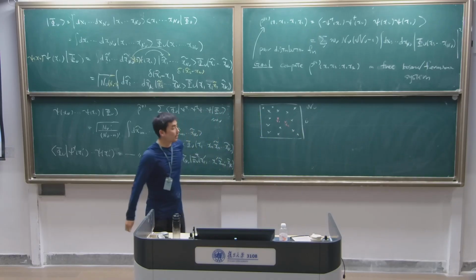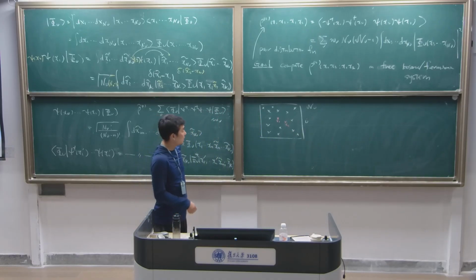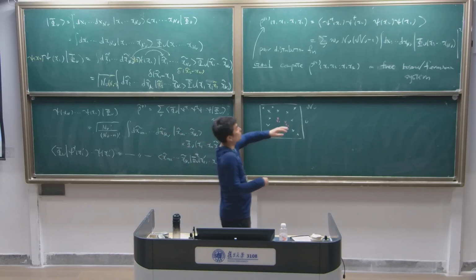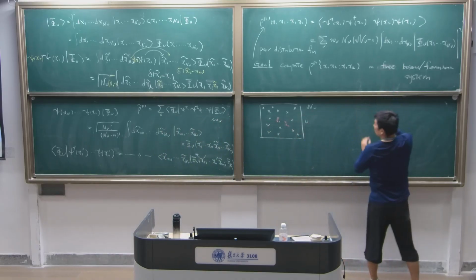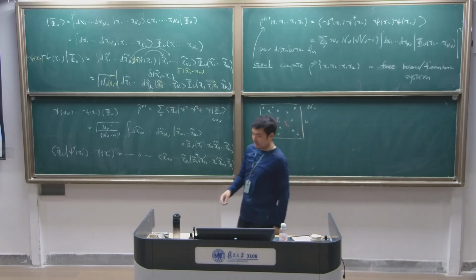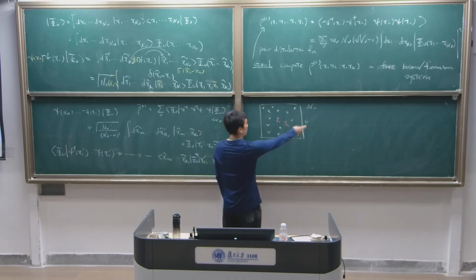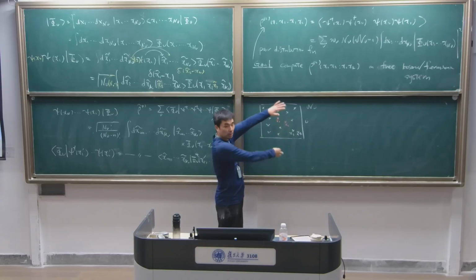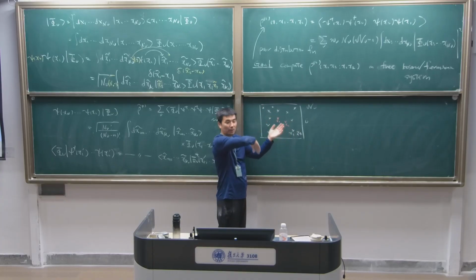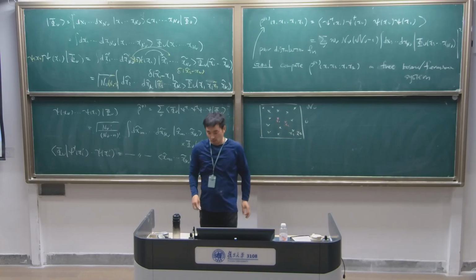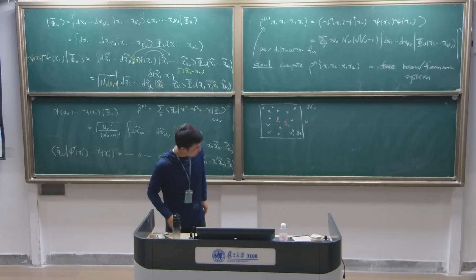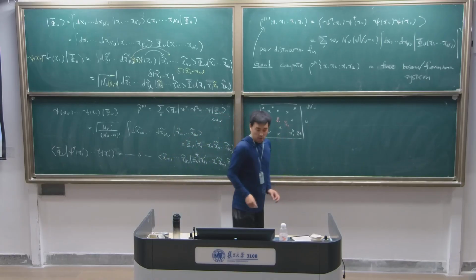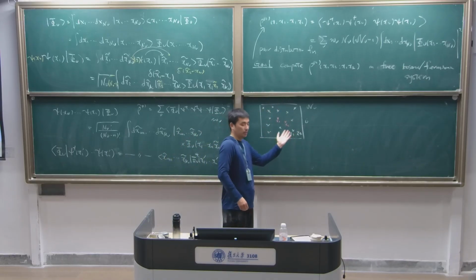You fix the particles x1, x2 to have particular positions x1 and x2. However, you just integrate over all possible other configurations, x3, x4, and so on, all possible particle configurations apart from x1 and x2. That's what I'm going to do. So you have to integrate over everything.